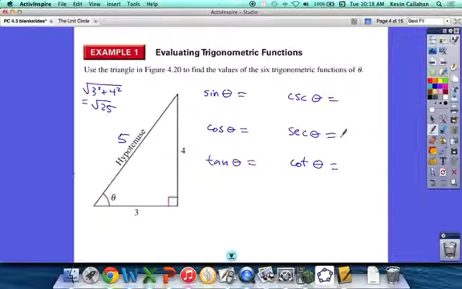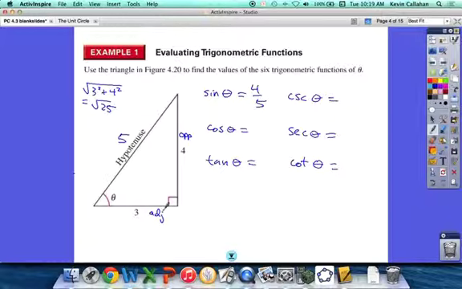Okay, so let's see, the sine should be what? Opposite over hypotenuse, 4/5. Okay, the cosine is adjacent. In fact, one thing you might do is just label your sides so that they are what you want them to be, right? Across from this angle should be the opposite. Next to this angle should be the adjacent.